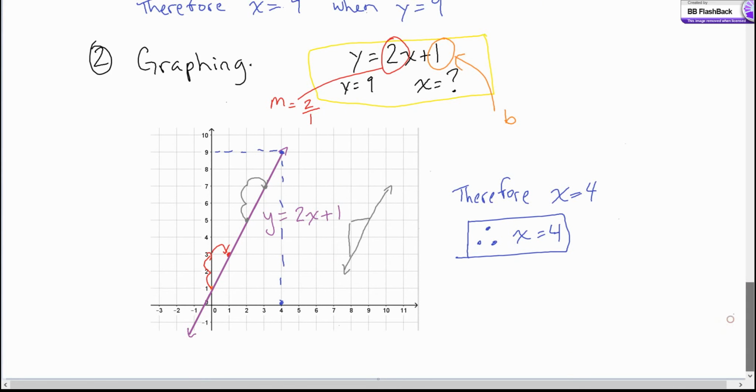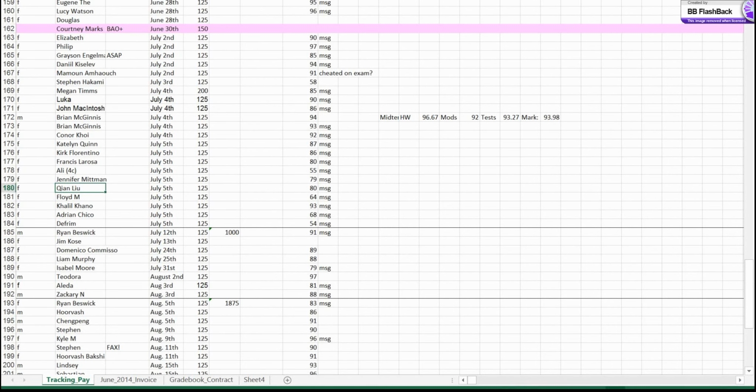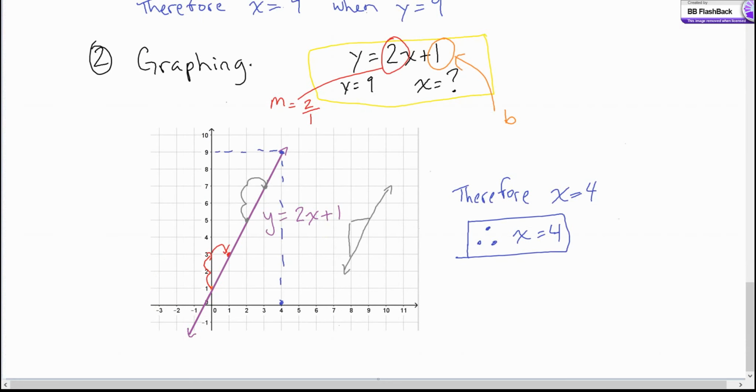Same thing for graphing. Graphing's a great strategy. It works out so perfect when we get nice whole numbers. But if I would have asked you when y is equal to 8, what is x?